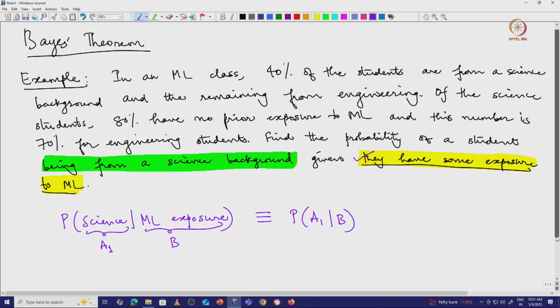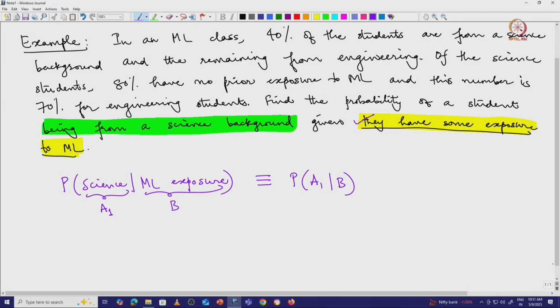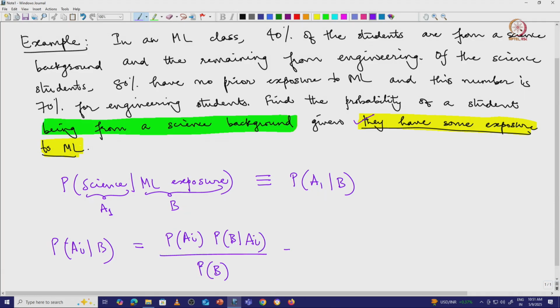So, knowing this, we can straightforwardly apply Bayes' theorem. In the last lecture we learned that when there are multiple events that can occur, the probability of a particular event Ai occurring given the evidential event B can be written as probability of Ai times probability of B given Ai, divided by probability of B. The denominator we know is just a sum over all the possibilities.